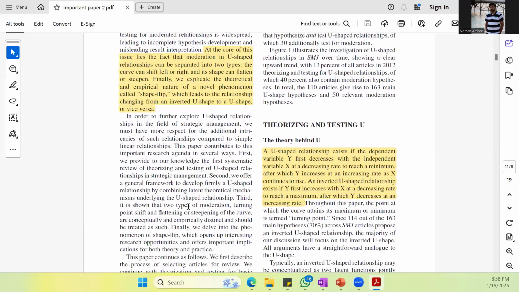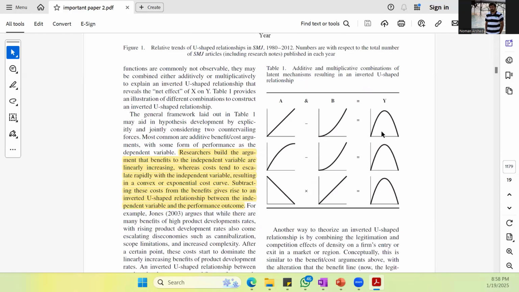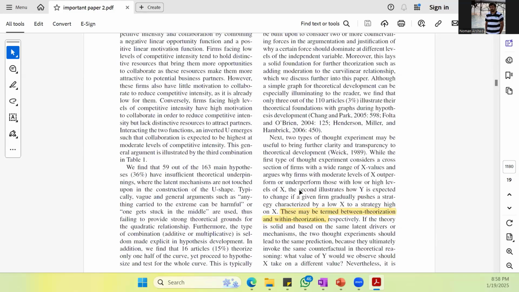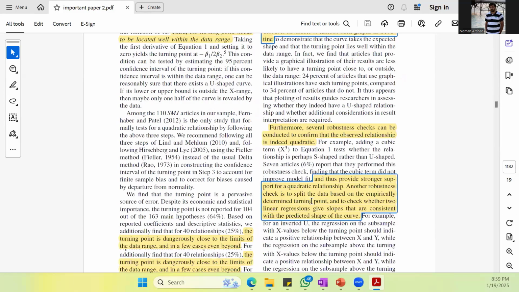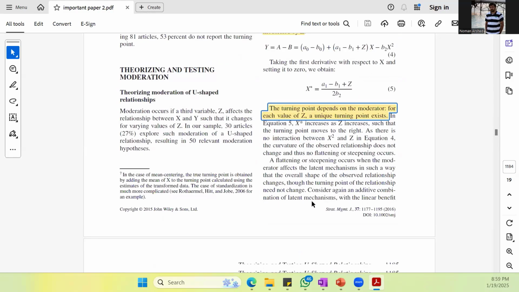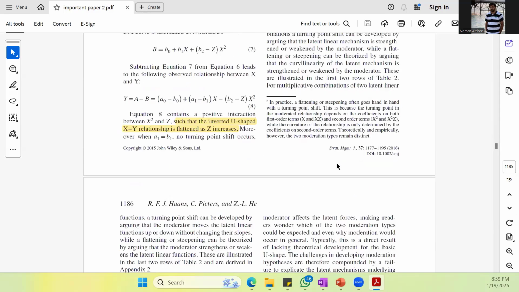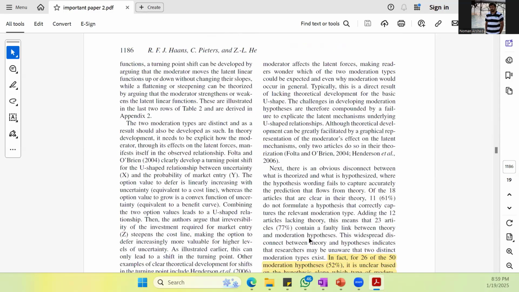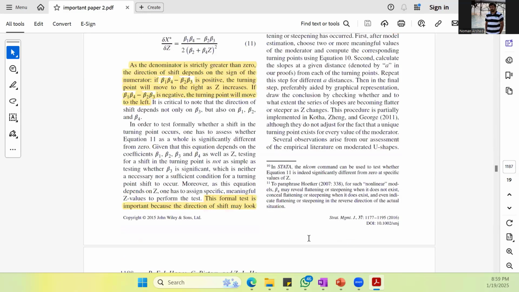So it has explained three types. First is the square variable, how to explain the U shape or inverted U shape, and how to justify it. Second, it explained how a moderator and a square variable together can work. And the third form, it explained that when you have a moderator and a square variable, there can be a flipping in the relationship.